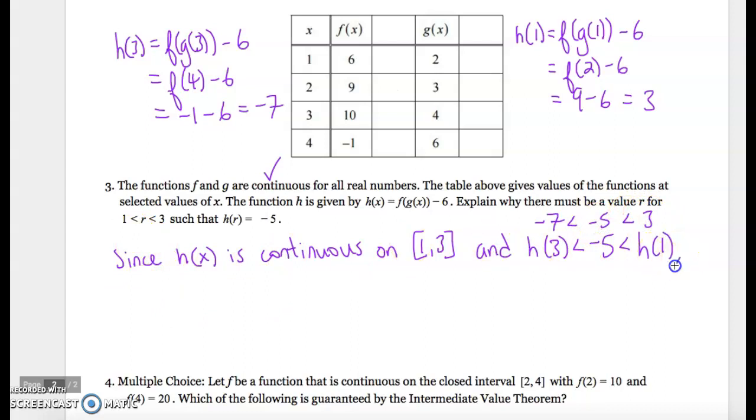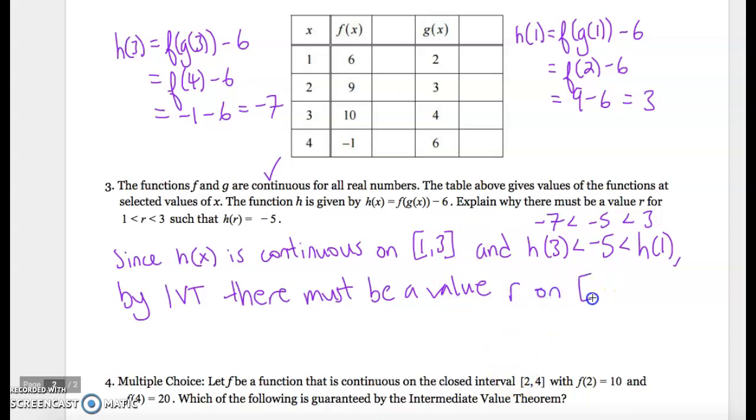And then we can say by the intermediate value theorem, by the IVT, there must be or exist a value, whoops, not W, a value r on the interval 1 to 3 such that h of r equals negative 5.